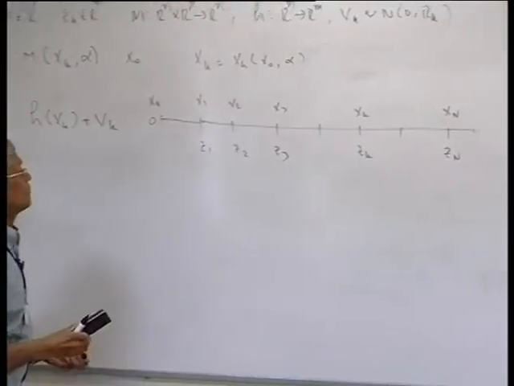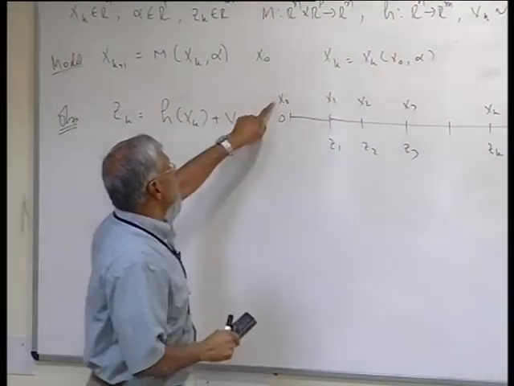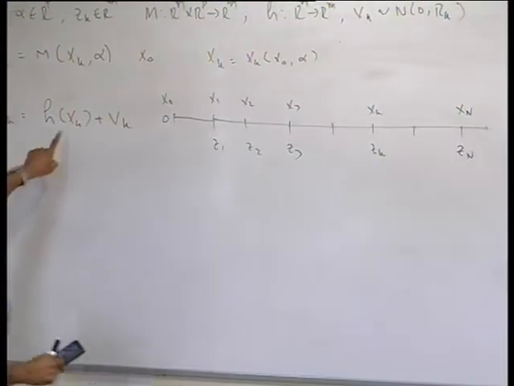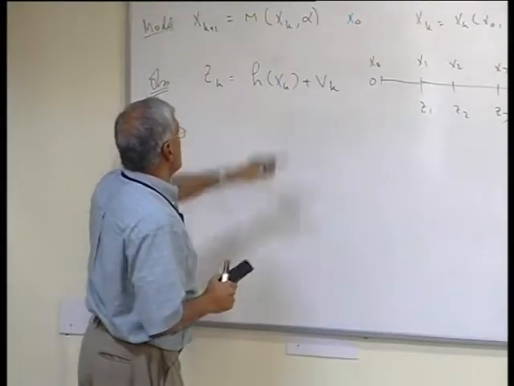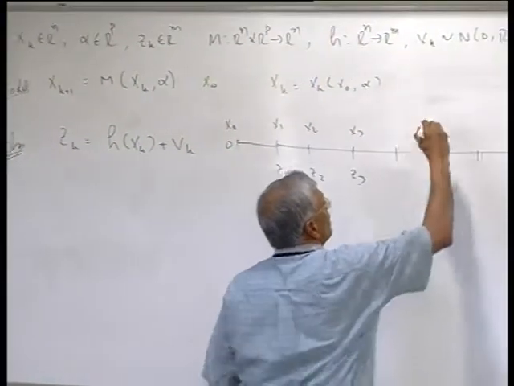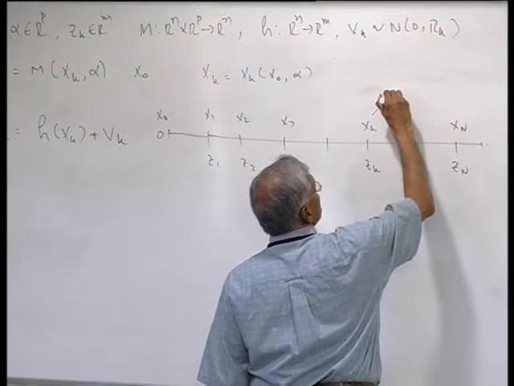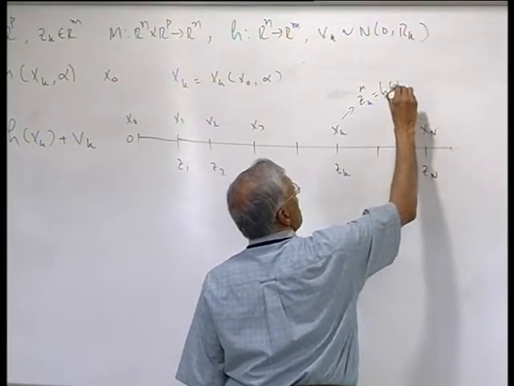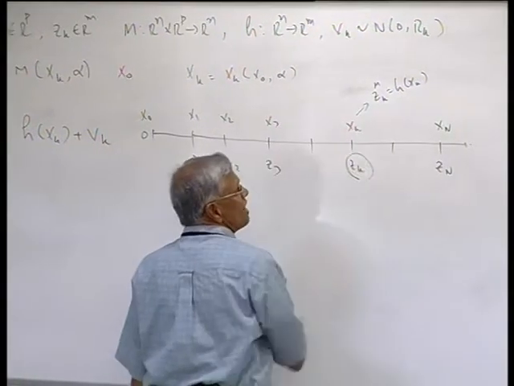So what's the idea here? I am starting the model with an initial condition x0. I'm trying to predict the observations. This is the model predicted observation, z_k model, h of xk. This is the actual observation.